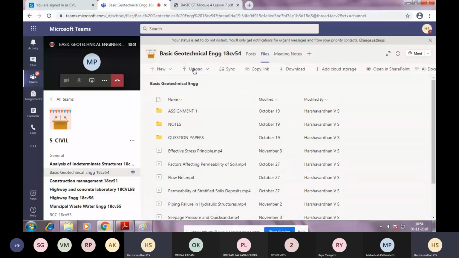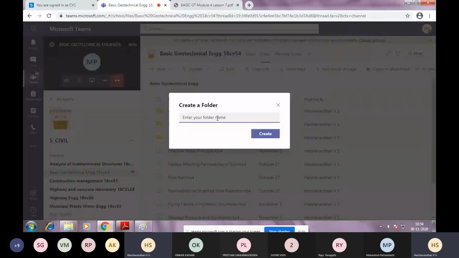I'll just create one more folder: Shear strength of soil, November 30th.